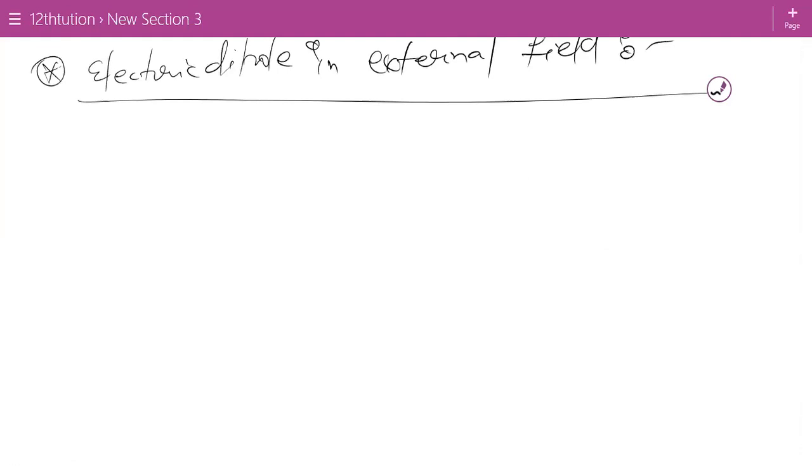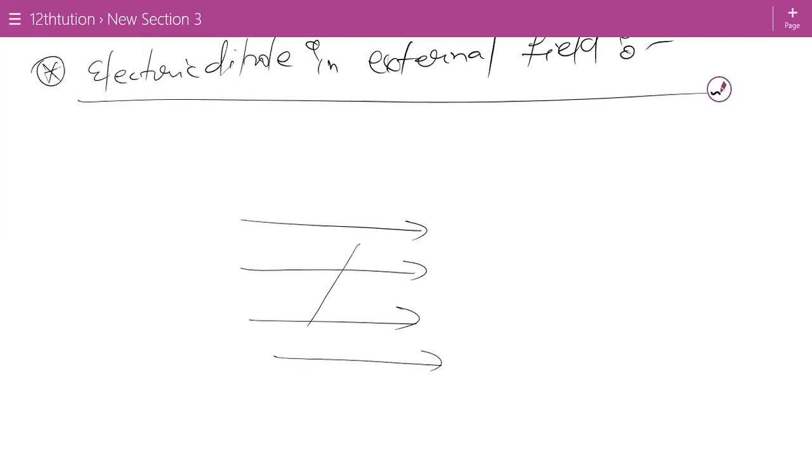For example, this external electric field is there, and there is an electric dipole in this electric field. This is the electric dipole. The length of the dipole is d.